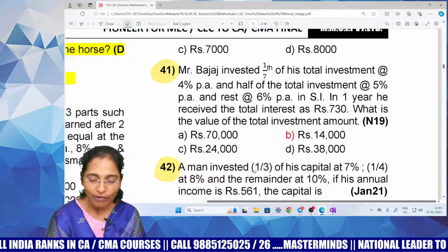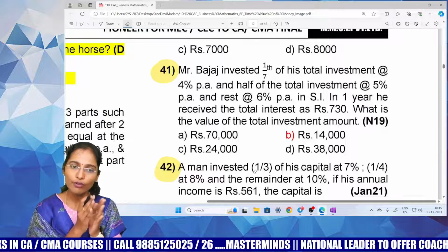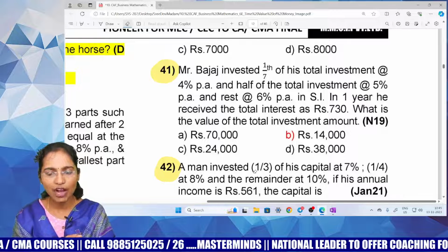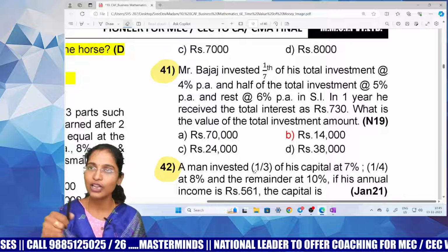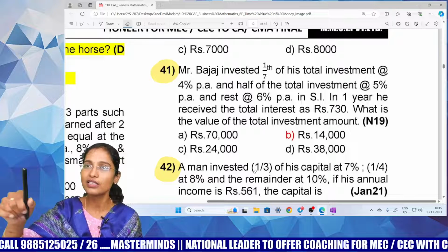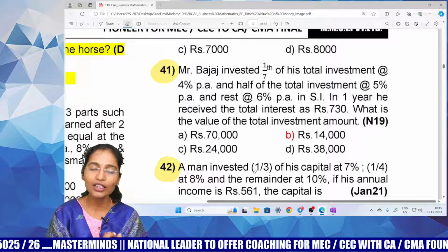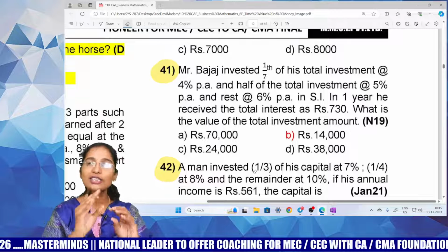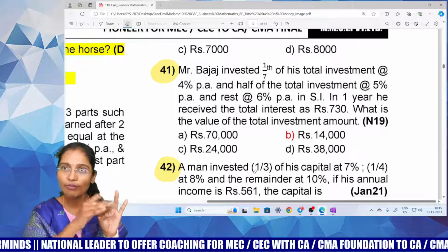So means you have to understand what is the sum of all the investments, right? The first part is 1/7 and the second part is half and the third part is the rest. People will write x by 7 or x by 2. Rest means x minus x by 2 minus x by 7. Or else they will use their calculator and go for option verification, like they'll start off with 70,000, 70,000 by 7, 70,000 by half, balance.